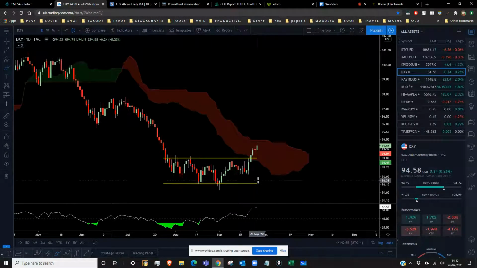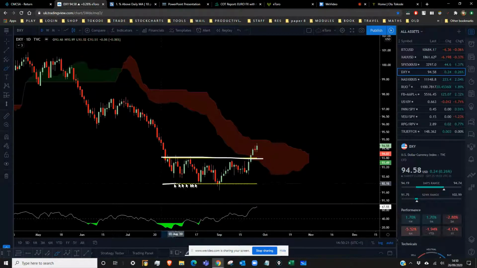So that's the first thing I want to see. I want to see a basing formation, a bottoming process taking place. And this is that basing formation. It looks like a rounding bottom. Some people see a rounding bottom there. Some people might see a channel forming.